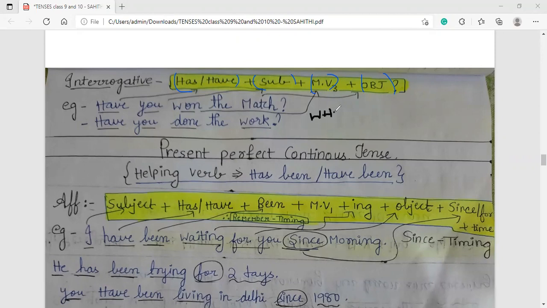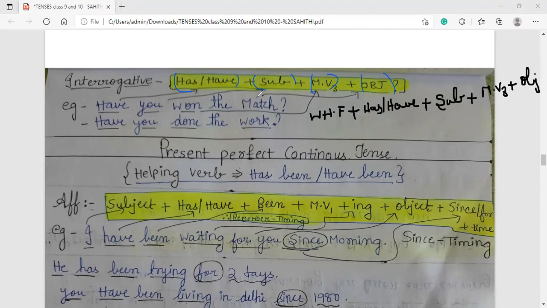What is going to happen in double interrogative? First the WH family will come, like in the earlier tense, the WH family. So the WH family plus helping verb has or have. Then the same thing: subject plus main form, third form of verb.